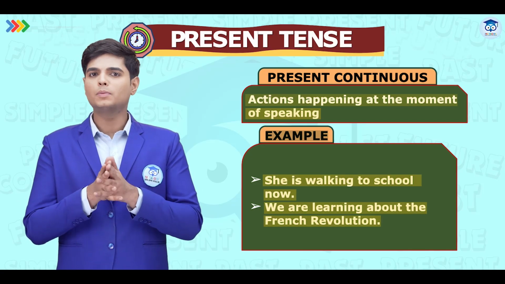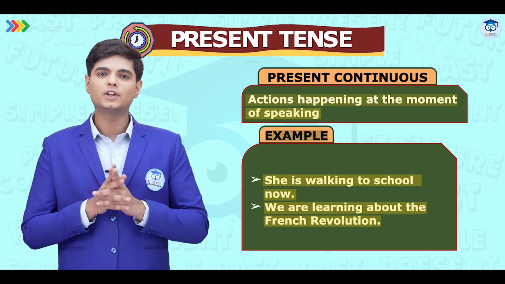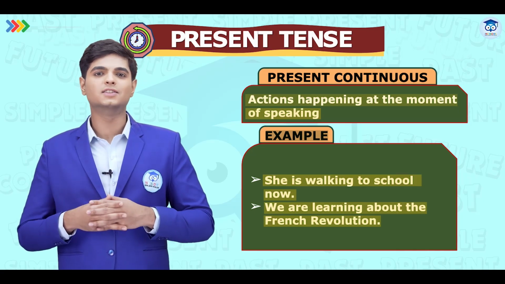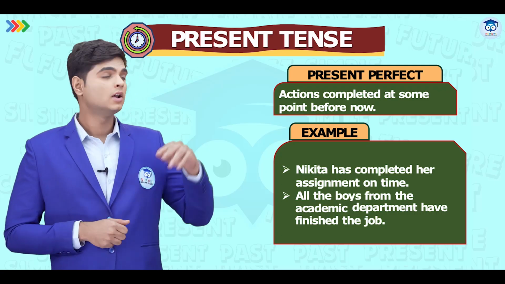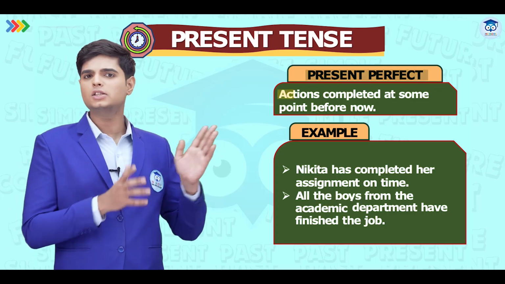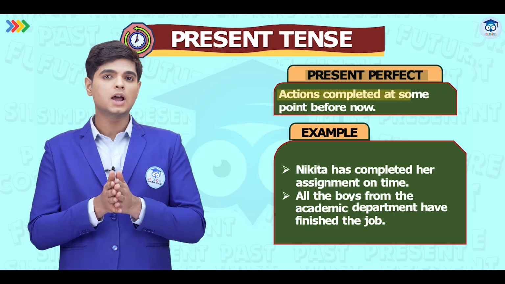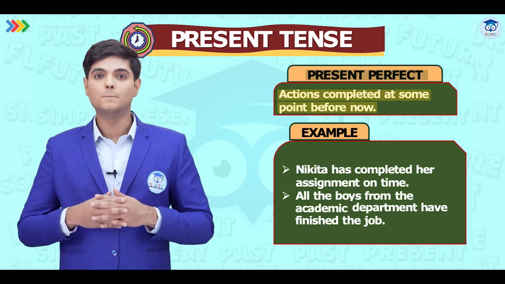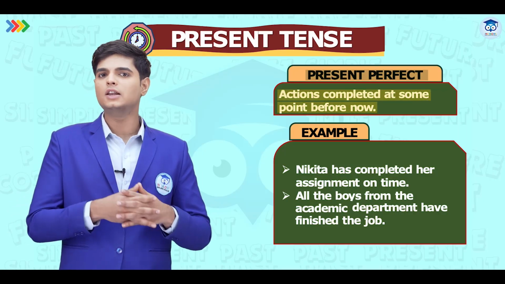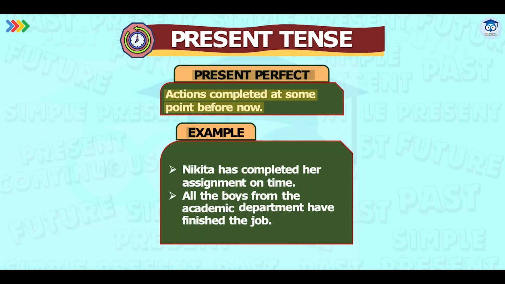Let's now move on to the present perfect, used for recently completed actions or experiences. We use present perfect when an action is completed or already done at some point before now, but its effect is still linked to the present. For example, we say, Nikita has completed her assignment on time because the action is already done and the result matters now.